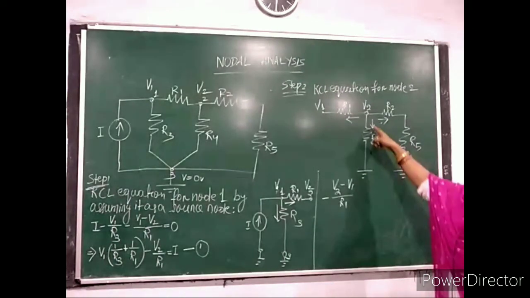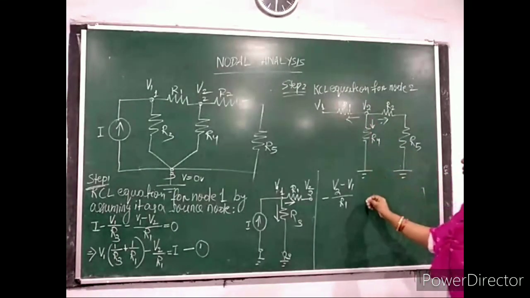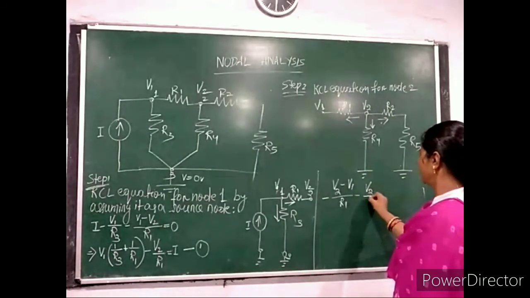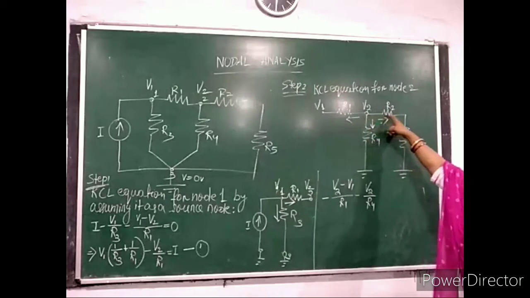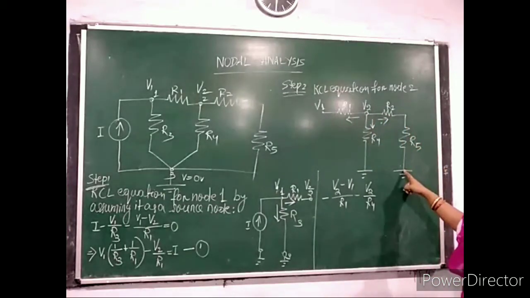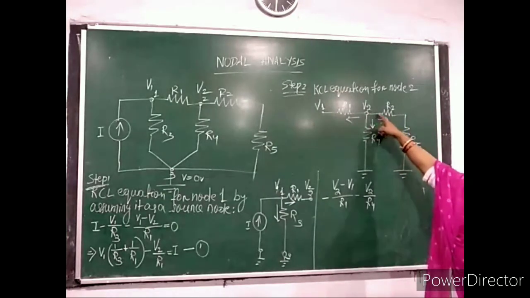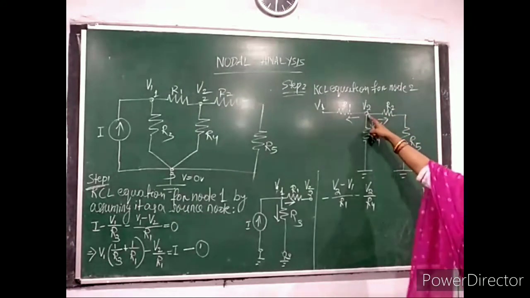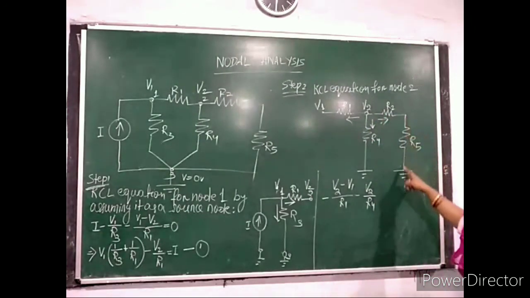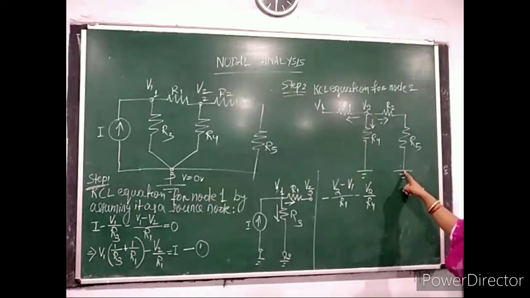The current flowing through R4 is V2 by R4. Then the current flowing through R2 and R5: here the current flowing through R2 and R5 is the same. That is the potential difference across this point, and here the potential is 0.